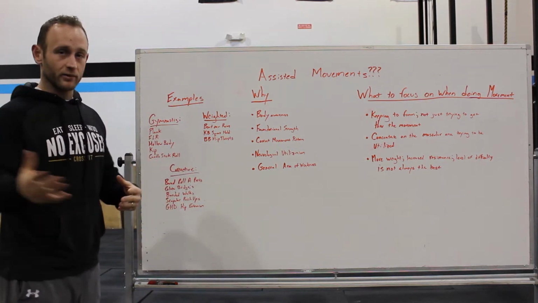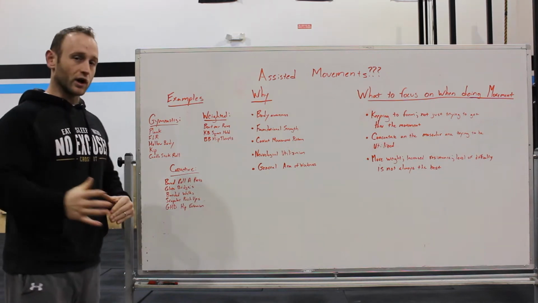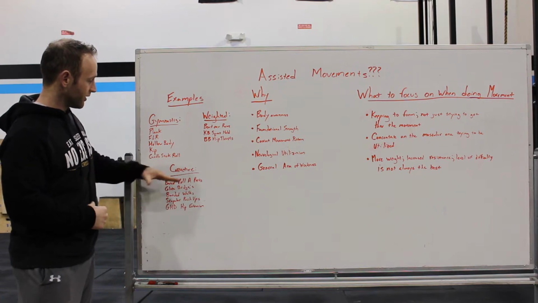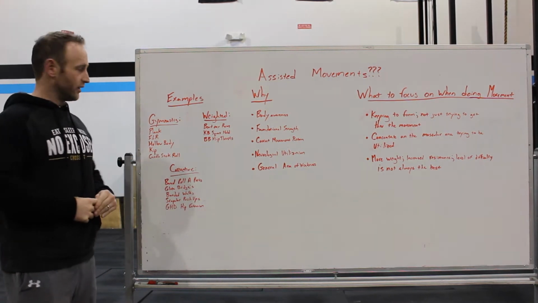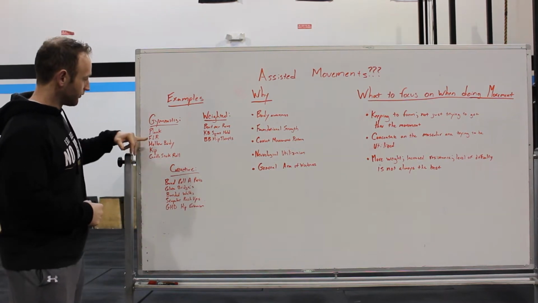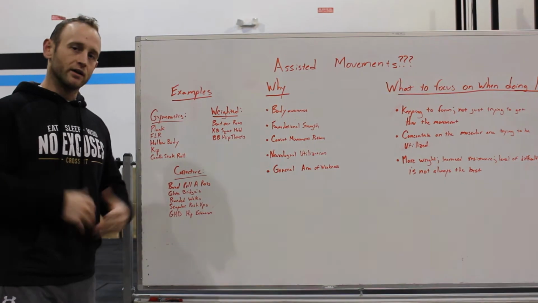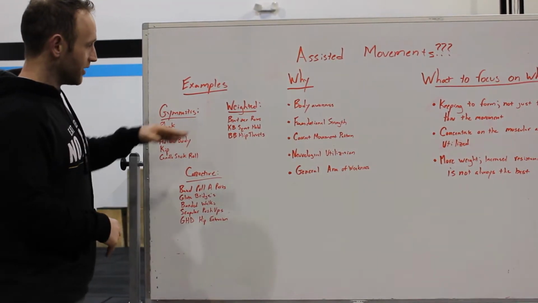So what are some examples that you might see? I've broken it down into 3 different classifications. So we have our gymnastics, our weighted assisted movements, and then our corrective assisted movements. The gymnastics is going to be like our plank, our front leaning raise, hollow body, kip, candlestick. The list can go on. I can name 50 more. Same thing with the weights.